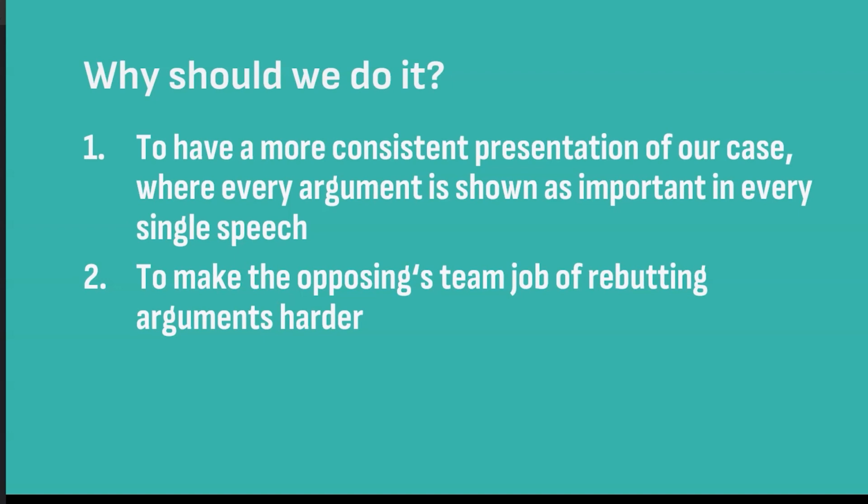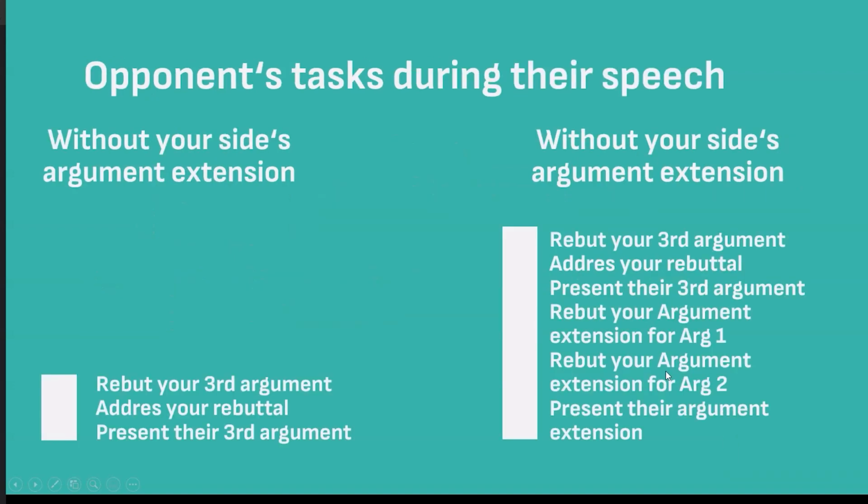And the other reason to do it is because it makes the opposition team's job much harder. Here is an opponent's task during their speech. Without your side's argument extension, if you decide not to do this, then they'll have to rebut your third argument, address your rebuttal, and present their third argument. Those are still a lot of tasks, but they're quite manageable for them to do.